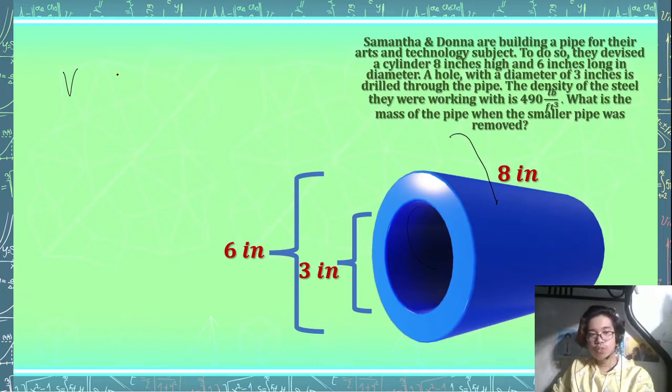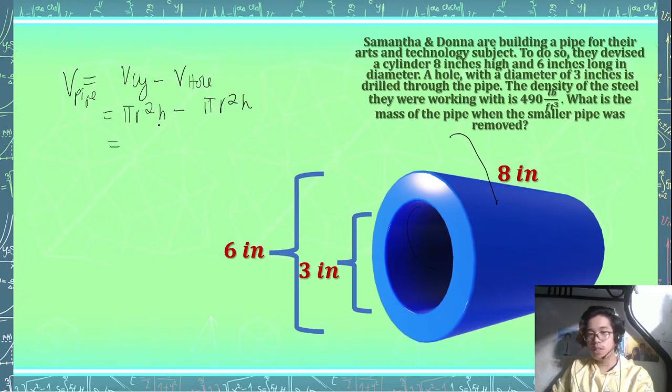So therefore, the volume of the pipe is going to be the volume of the cylinder minus the volume of the hole that they made there. So this is going to be pi r squared h minus pi r squared h.